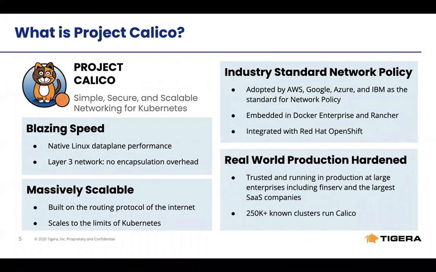And it's been running in large clusters. Some of our largest FinServ and tech customers and SaaS companies have been running Calico since the early days of Kubernetes. So it's been tested and proven in very large clusters. As of today, we know of over 250,000 clusters that run Calico.